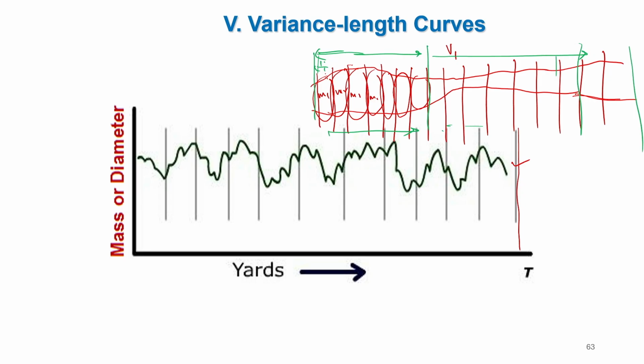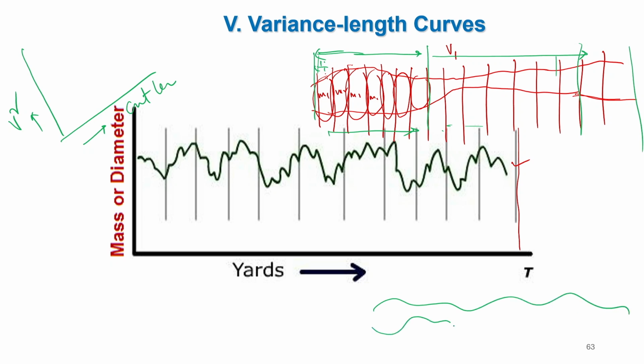So, if we plot the cut length on the x axis and the variance on the y axis, ideally if the cut length tends to almost 0, very small, say 0.0001 millimeter, and we can cut the strand and take the mass of each individual cut length, then the variability will be maximum, because it takes care of all the variation.